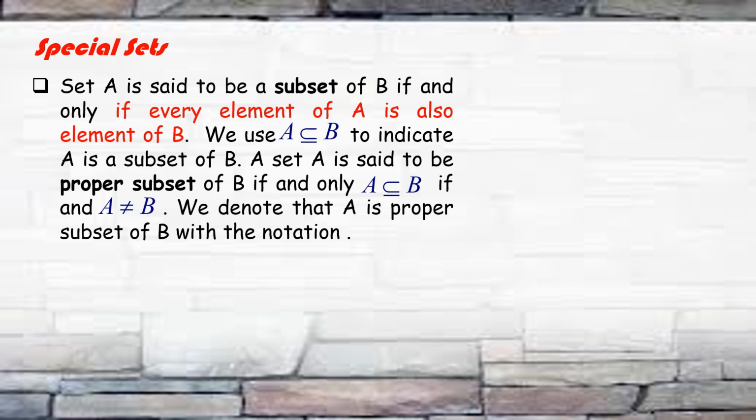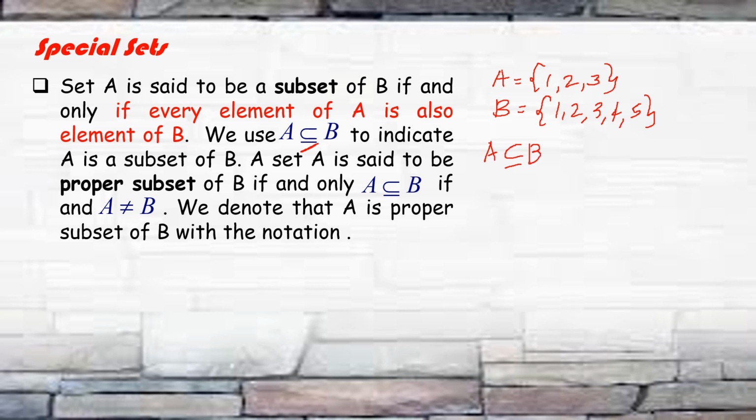So this represents a subset to indicate that A is a subset of B. So for example, we have A, 1, 2, and 3. And then set B, which are 1, 2, 3, 4, 5. We can say that A is a subset of B.